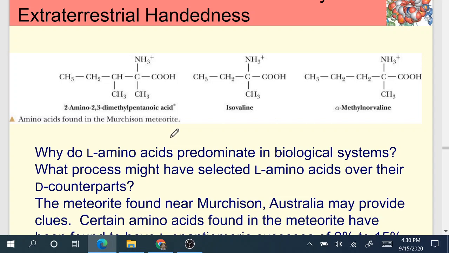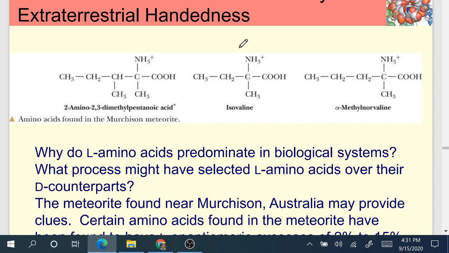Well, we need to have one type of amino acid because if we had different ones, our proteins would have really strange structures. It keeps our protein structure regular, in other words, we'll see these alpha helices and beta sheets that we form. We wouldn't form those regular structures if we had random configurations on our amino acids.